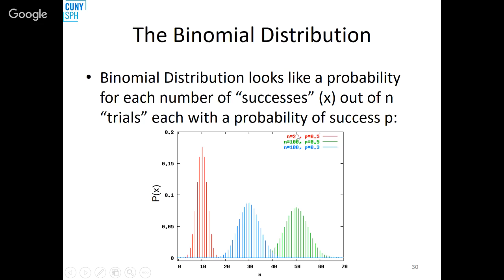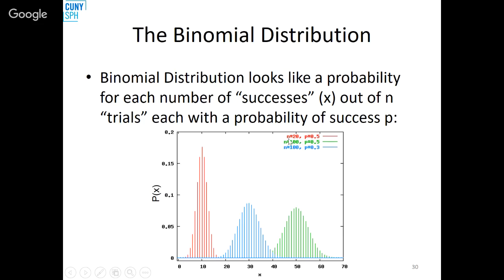So like a normal distribution, it also has two parameters that define it, except it's the number of trials and the probability of success in each one. And sort of like the mean and the standard deviation, both of them determine where the center is and what the spread is.